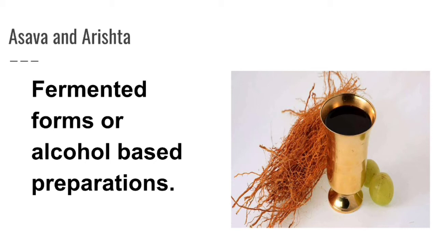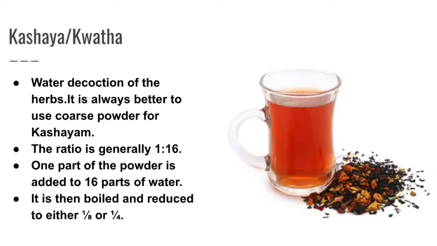Usually the herbal powders are taken, washed completely, dried, and then made into a Kashayam, and then they are fermented using sugar or jaggery. These are strong concoctions used in chronic disorders. So even fermented forms of the herbs are used in Ayurveda.